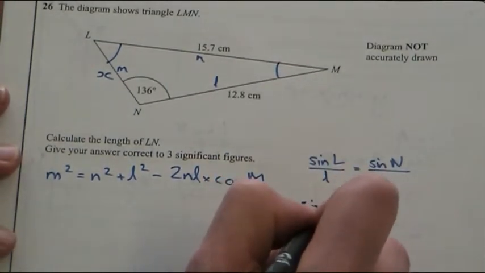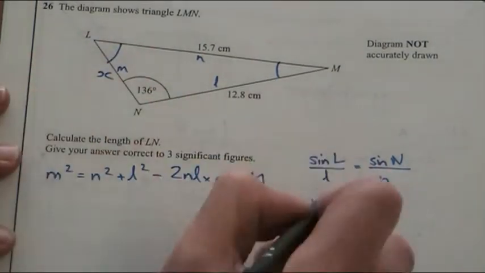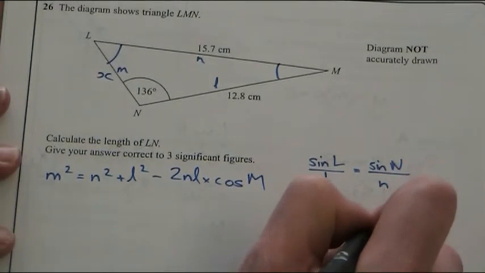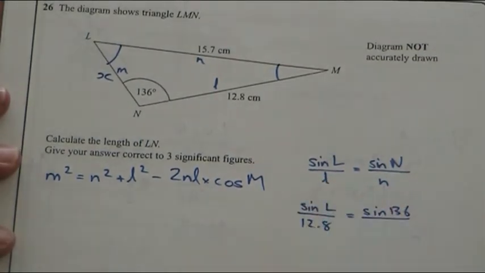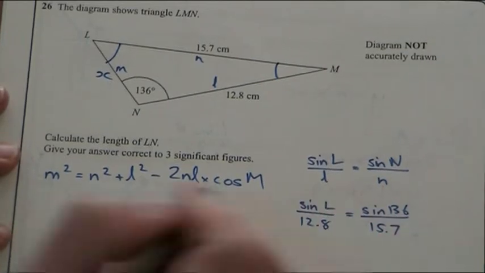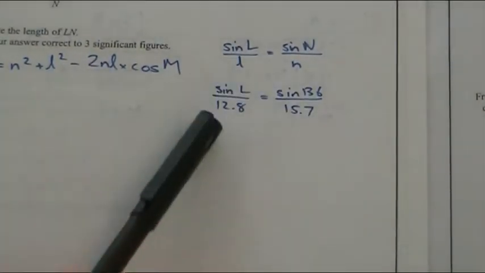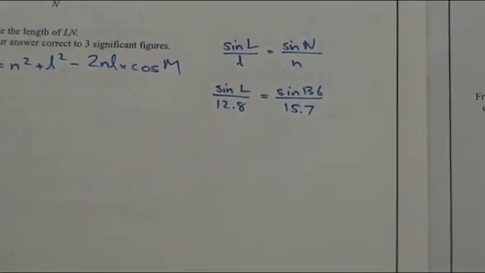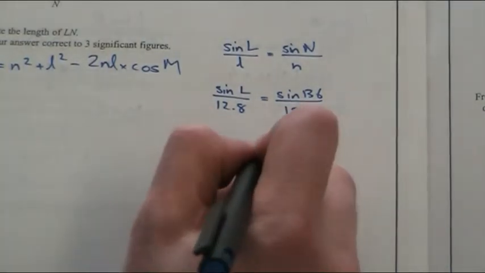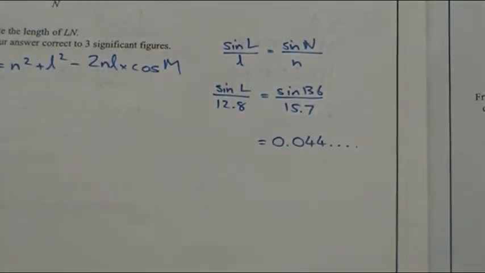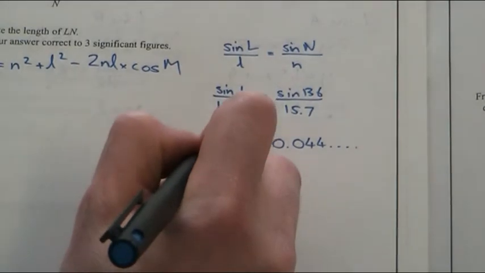So sine of L, that's what I'm trying to find, over 12.8 is equal to the sine of 136 over 15.7. Now, don't get overwhelmed at this stage because it just looks a bit complicated. Just type this into your calculator. So sine 136 equals, divide 15.7, and you get 0.044, and that goes on for a long while. And that is equal to this.